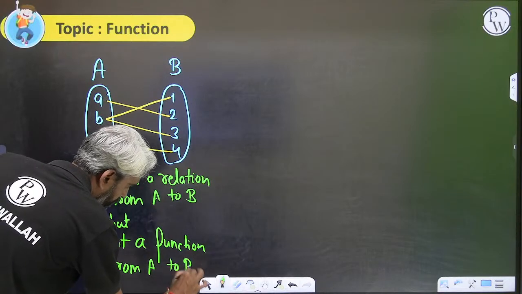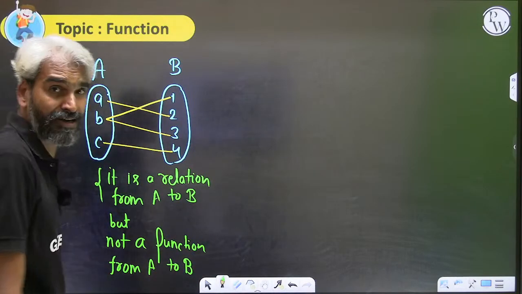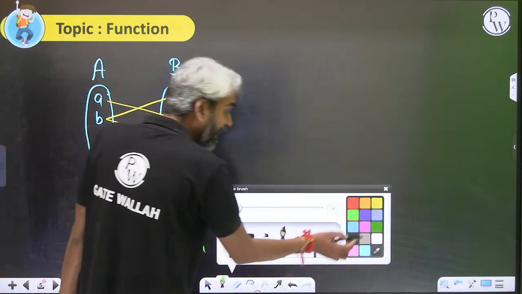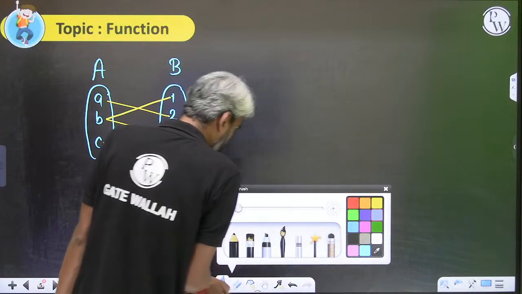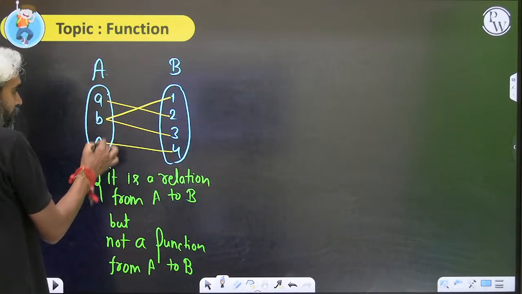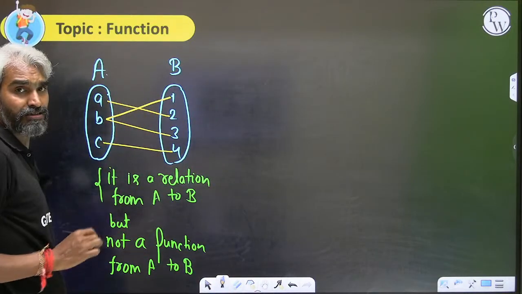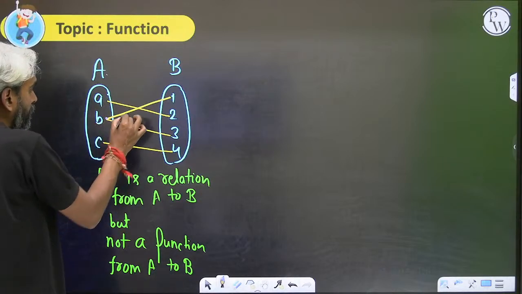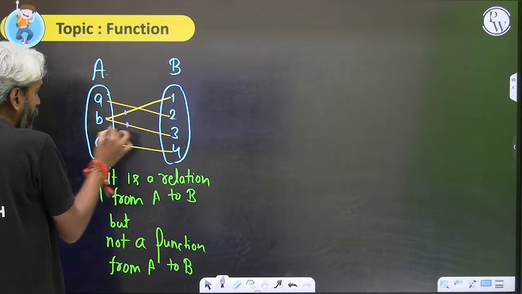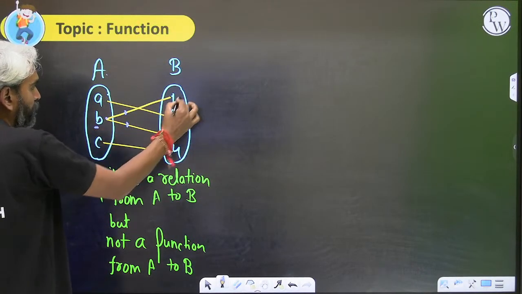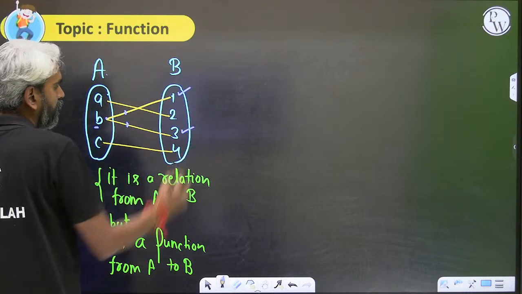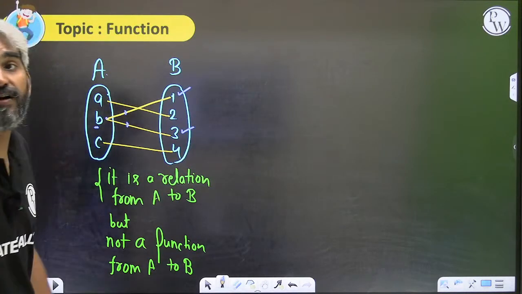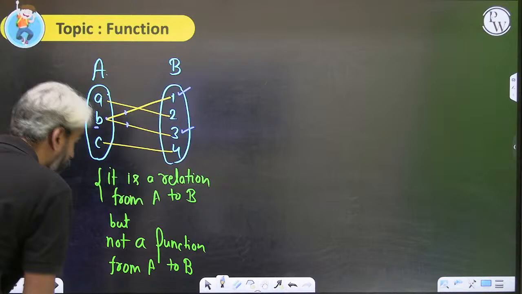The simple reason is that every element should have exactly one image. Every element of the domain should have exactly one image in the codomain, but for b, there are two values. So element b of the domain maps with two elements of the codomain. Therefore, it is not a function.